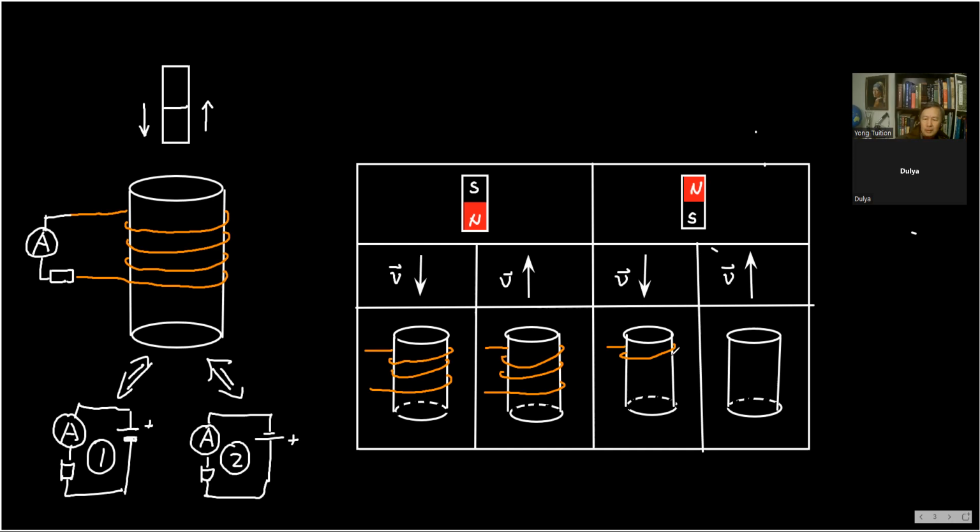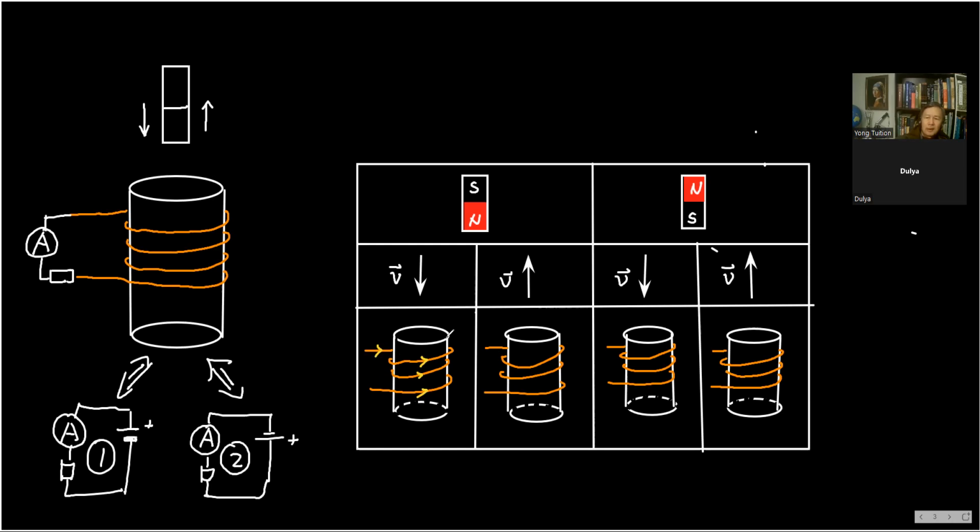Can you see this is a 3D diagram? In the first case, we know the direction of the current. The current will go that direction. Do you agree?